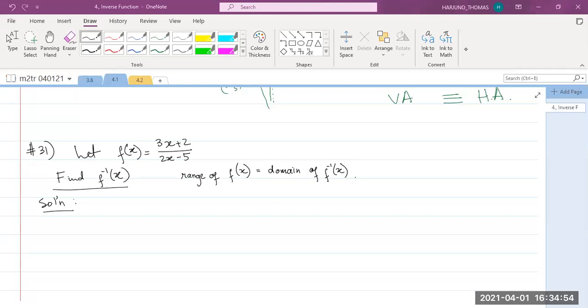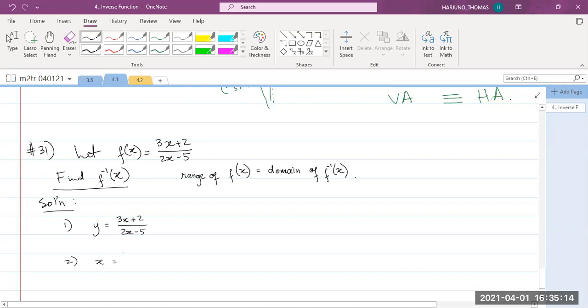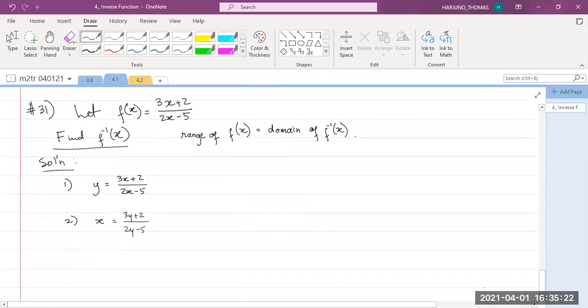While waiting for you, working on that or coming back from your break, let me start working on this problem. So my step 1: y equals (3x + 2) over (2x - 5). Step 2, I swap the x and the y. Step 3, I solve for y.